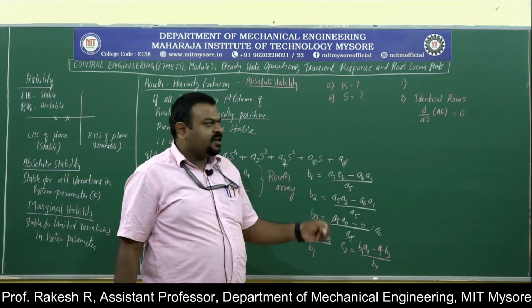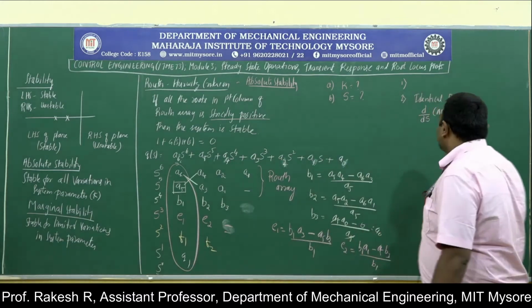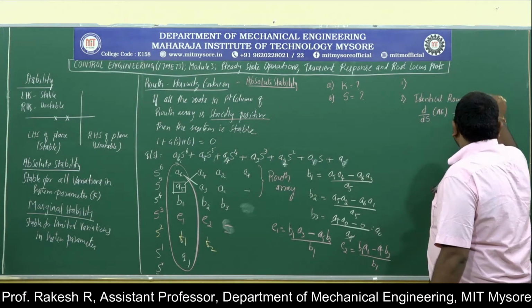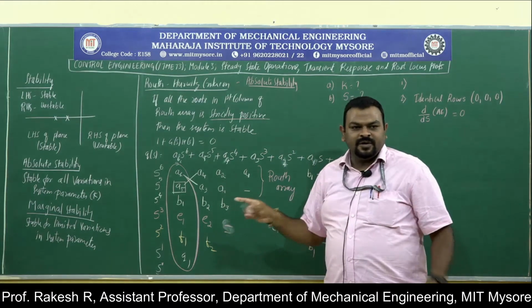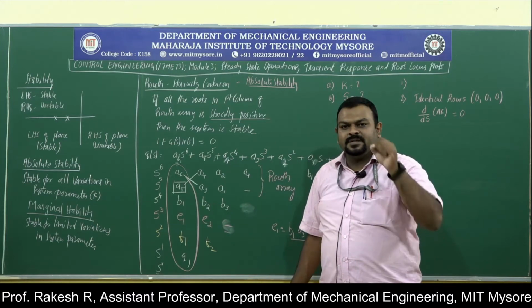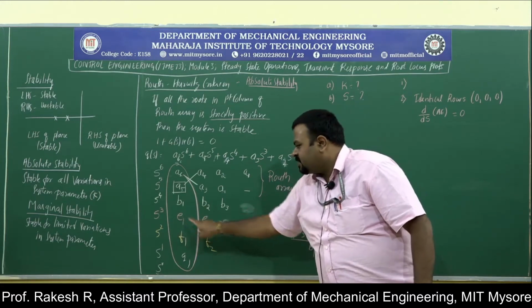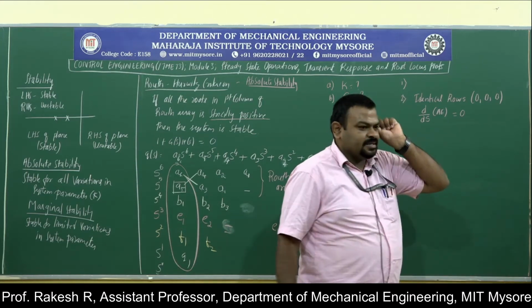You will get identical rows 1, 1, 1, 1, 1, 1, 2, 2, 2, 2, or you may get 0, 0, 0. If you get 0 in all the row, in one row, if all the elements in a row will be 0, if E1 is 0, E2 is 0, E3 is 0, then this is the second case.